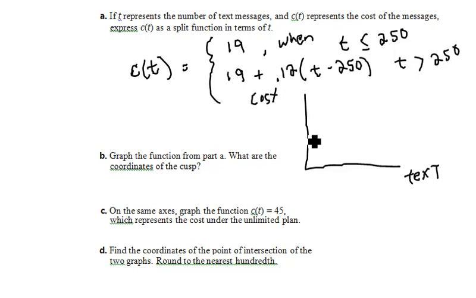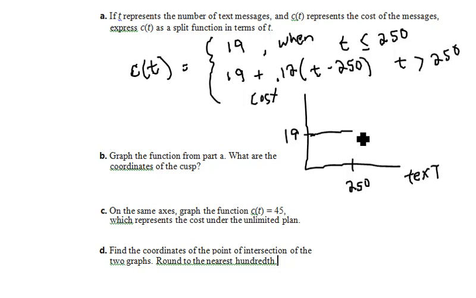Well, the cost starts here, $19, and over here I'm going to place 250, and let me explain why. Over here, that's your number of text messages. This is the cost, and $19 is the cost up to 250. So at, let's say, 100 texts, 19. 200 texts, still 19. So it's going to be a horizontal line up to 250.